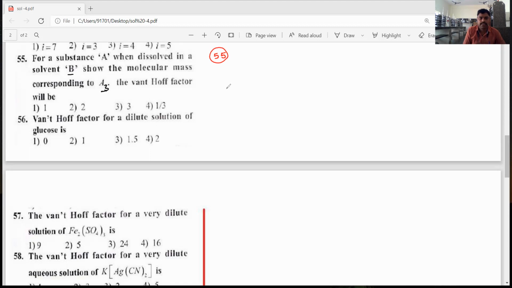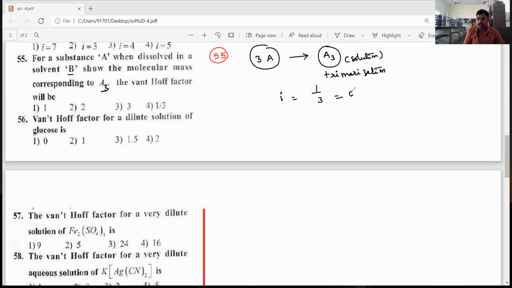A becomes A3, then what is the Van 't Hoff factor? Means initially 3 A molecules are present, but in solution it becomes A3. That is called trimerization. So in this trimerization case, 3 molecules become 1, means 1 by 3 is equal to 0.33. So 1 by 3 is the answer.